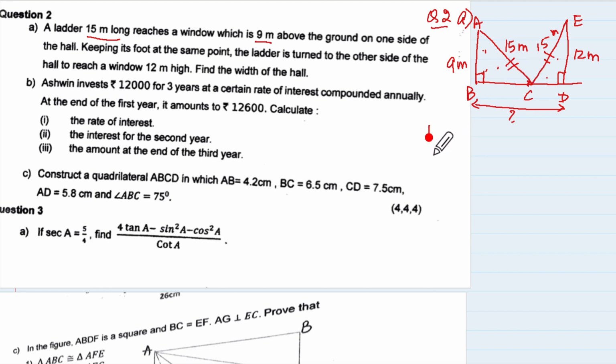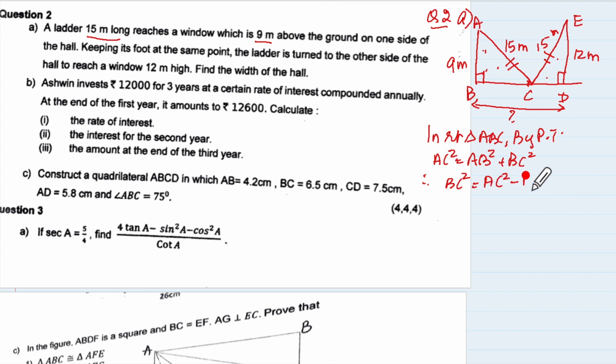How will we write our steps? In a right triangle ABC, by Pythagoras theorem, we will have AC square equal to AB square plus BC square. Therefore, BC square will be equal to AC square minus AB square, which is 15 square minus 9 square.